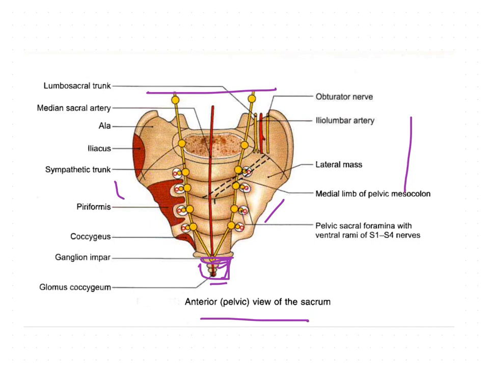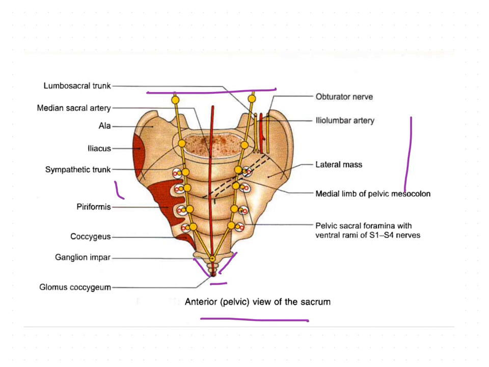And it bears an oval facet, which articulates with the coccyx bone. So this is about the apex.